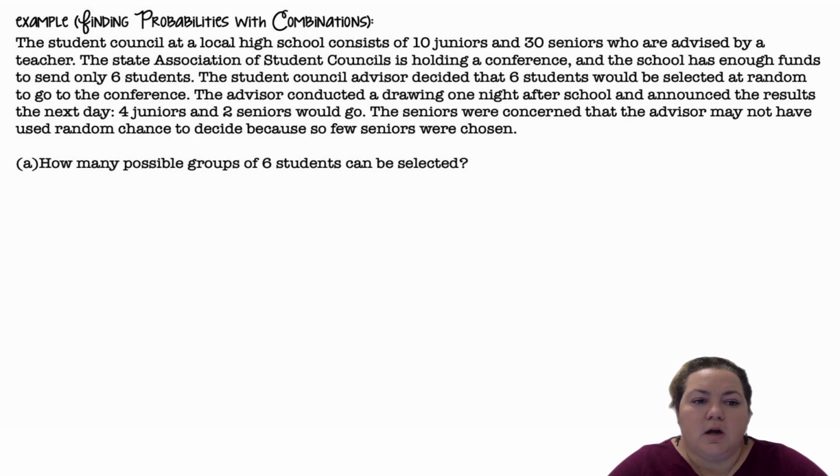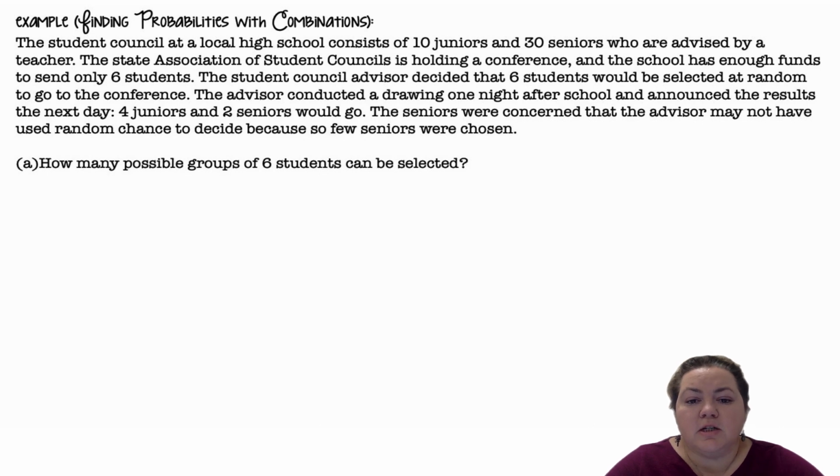Finding probabilities with combinations. The student council at a local high school consists of 10 juniors and 30 seniors who are advised by a teacher. The State Association of Student Councils is holding a conference, and the school has enough funds to send only 6 students. The student council advisor decided that 6 students would be selected at random to go to the conference.